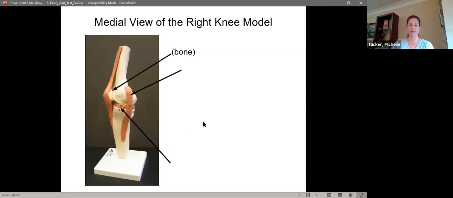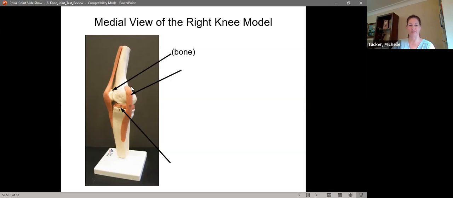So this says a medial view of the right knee. So now we're looking at the knee from the medial aspect. So which ligament is this? It starts at this bone, so it's called the tibial, and it's on the side, so the second word is medial collateral ligament.